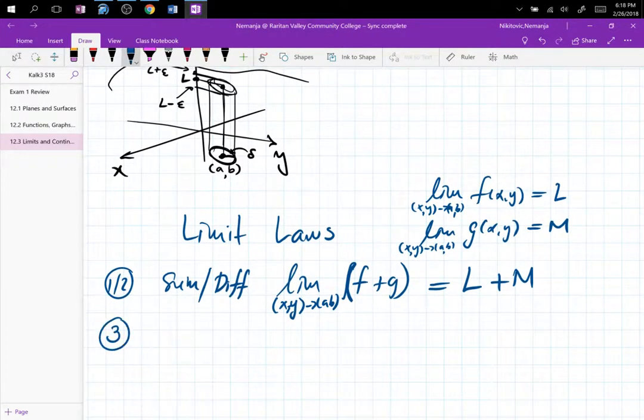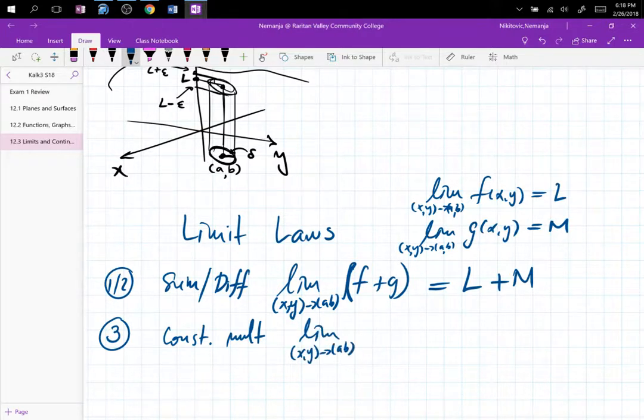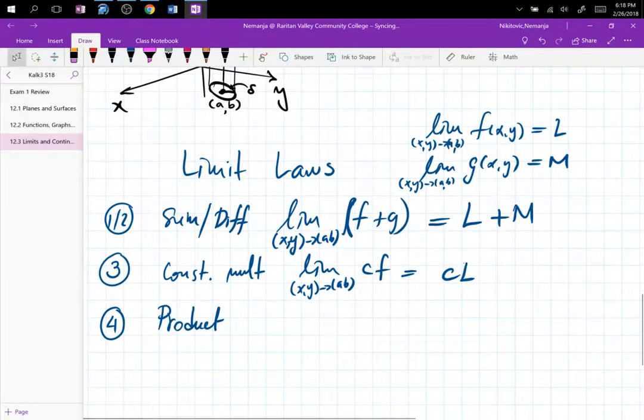Now we have the constant multiple. The limit as xy goes to a, b of c f is just going to be c L. For the product, remember, the derivative doesn't work this way for multiplication and division, you have the product rule, right?